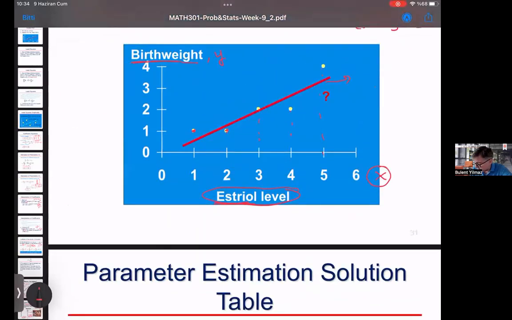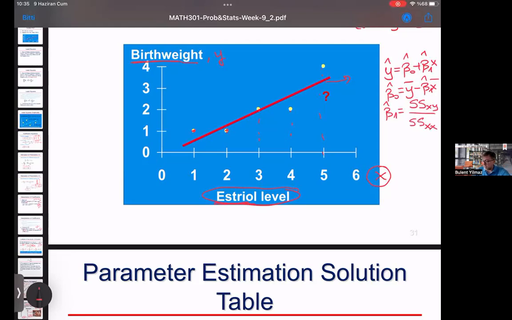What was my prediction line arkadaşlar? Y hat is equal to beta 0 hat plus beta 1 hat X. What is beta 0 hat? It's going to be Y bar minus beta 1 hat X bar. What is beta 1 hat? It is covariance of X and Y over variance of X. Okay.